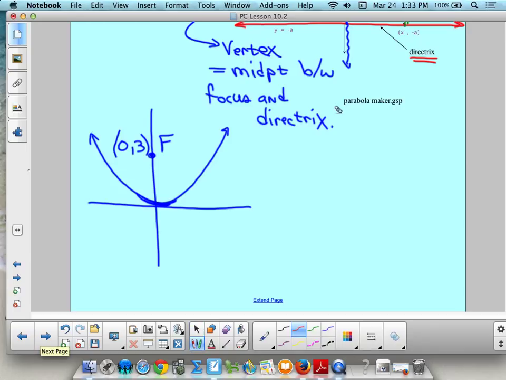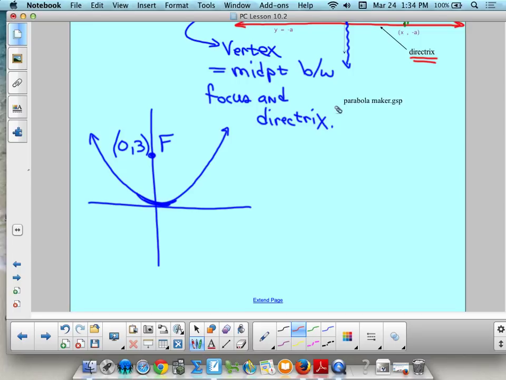What's the p-value? 3? Okay. Is it positive 3 or is it negative 3? Positive? How do you know? Because y is positive? Is that what you're saying? No, don't do that. Can't have negative distance. That is true, but the p-value can be positive and the p-value can be negative.